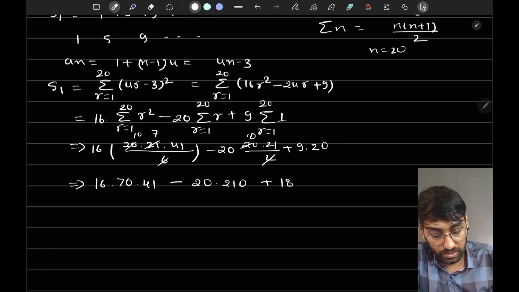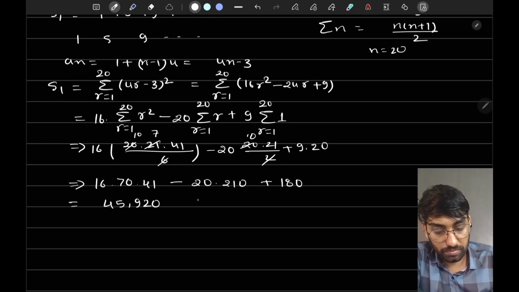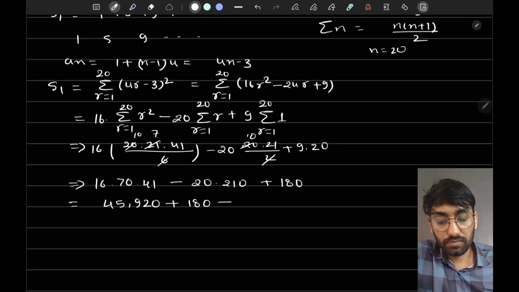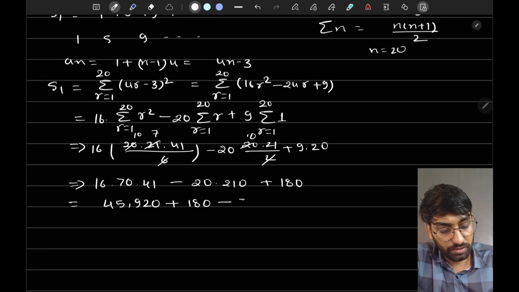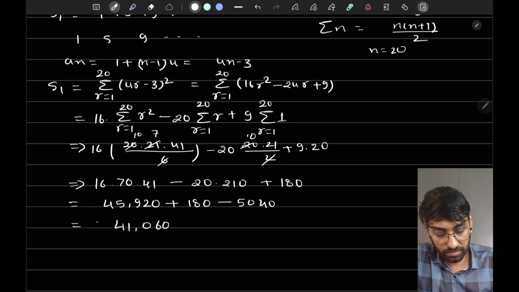So in total this becomes 45,920 plus 180 minus 5040, so this value will be 41,060. This will be my S1.